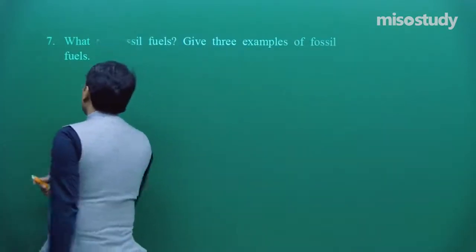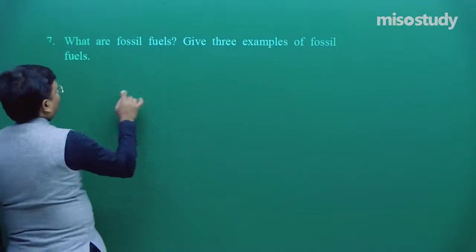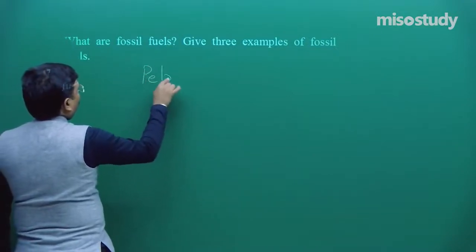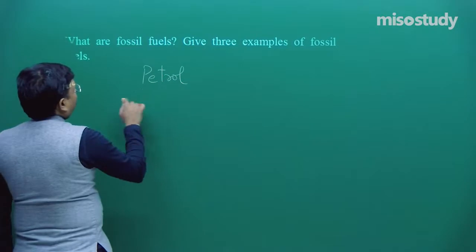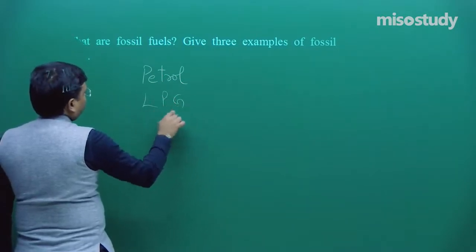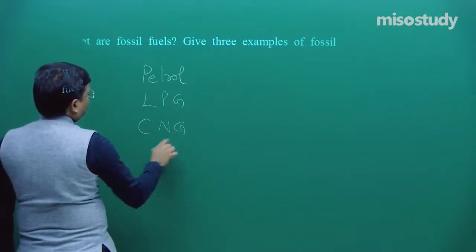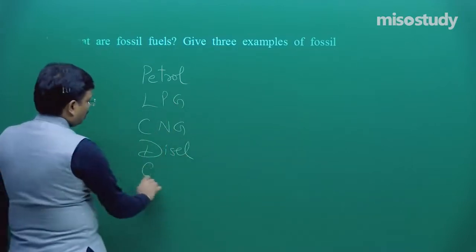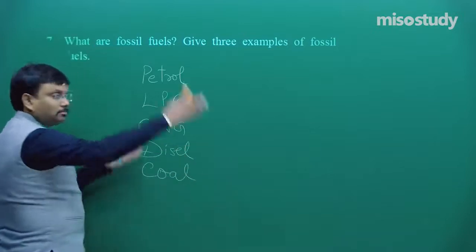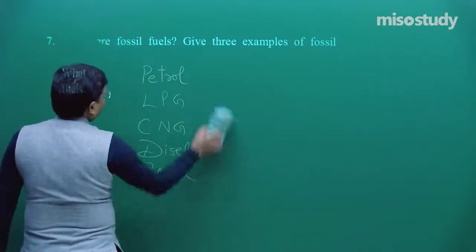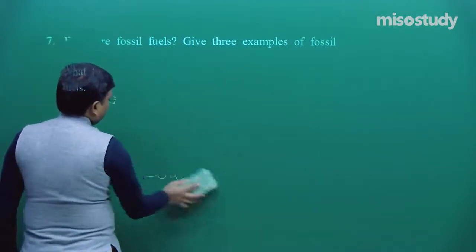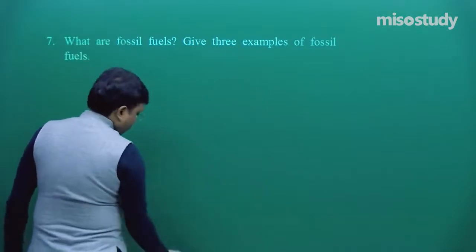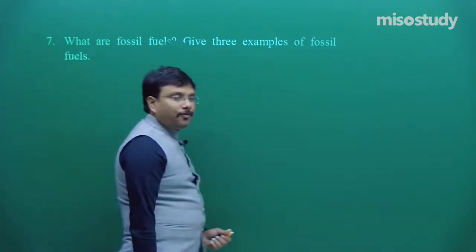Now, I will provide the answer of this. Fossil fuel, petrol, LPG, CNG, diesel, coal. You are free. So, the liberty with these type of questions is extremely good. Fine.